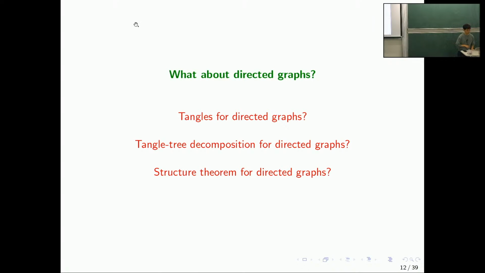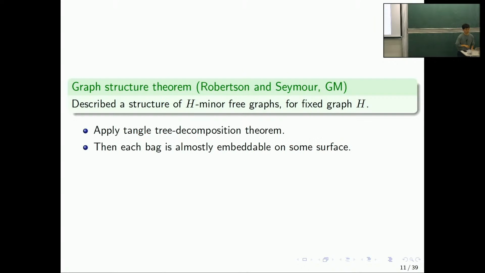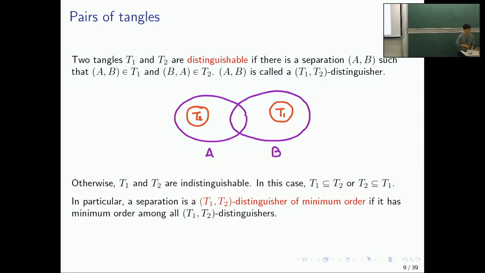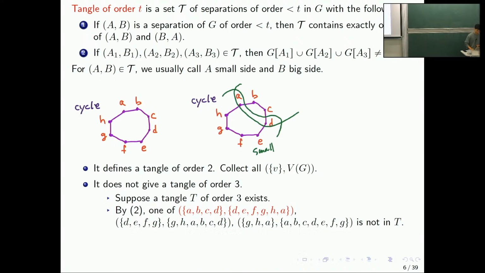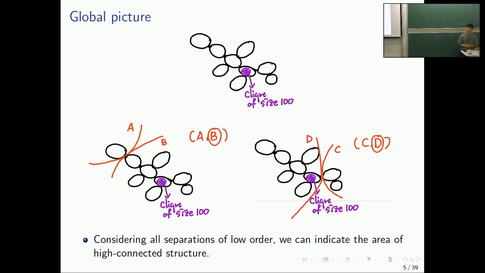So the tangle is a set of these separations. Yes. In the pictures before, it kind of looked like the tangle was a subset of vertices. Here, why does it look like that? So yes, that's a good question. Maybe go back to this lower picture, right?